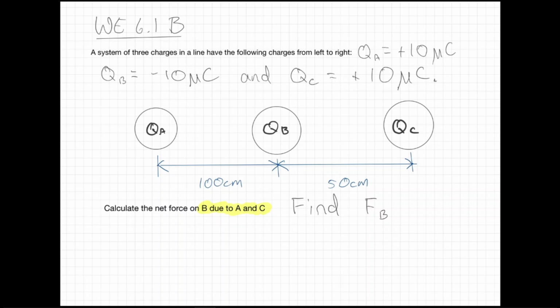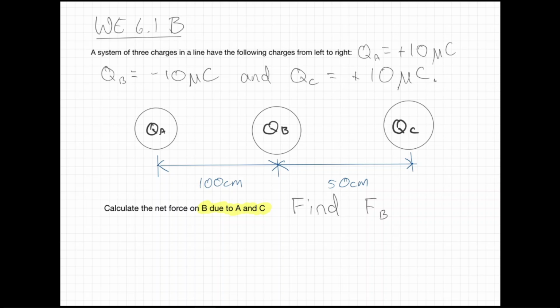To do that, we're going to find the force that B experiences due to charge A, and then the force that B experiences due to charge C, and then take the sum of those vector quantities because we are dealing with vectors here. Force is a vector, of course, so we're going to do some vector addition. Thankfully, because we're still just in a one-dimensional line, things will be pretty straightforward. It'll just be plus or minus based off whether it's going left or right.